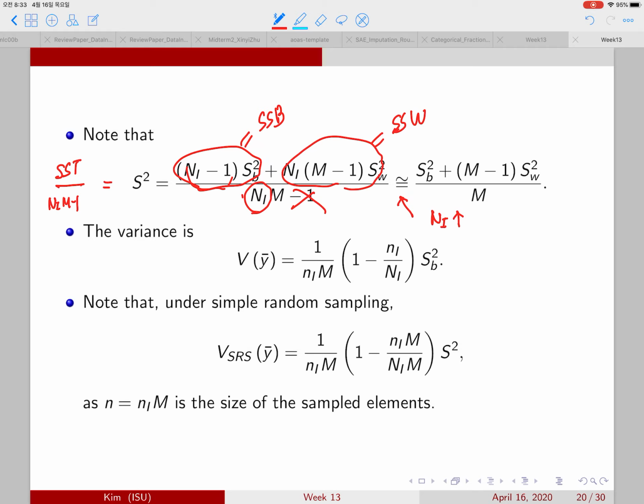So N is large, then this one also doesn't make a difference. So you just multiply and divide, capital N divided by N times m. So that's why you have m here, 1 over m here. And the second term, you have N times m minus 1 in the numerator divided by N times m. So N cancels each other, and the only thing left is this m term. So that's why you get this one. Okay.